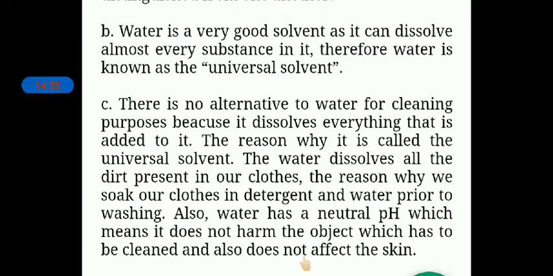One more reason is that it is easily available. You do not have to pay much for water. It is available at cheap cost. That's why it is called a universal solvent, and there is no alternative to water for cleaning purposes.